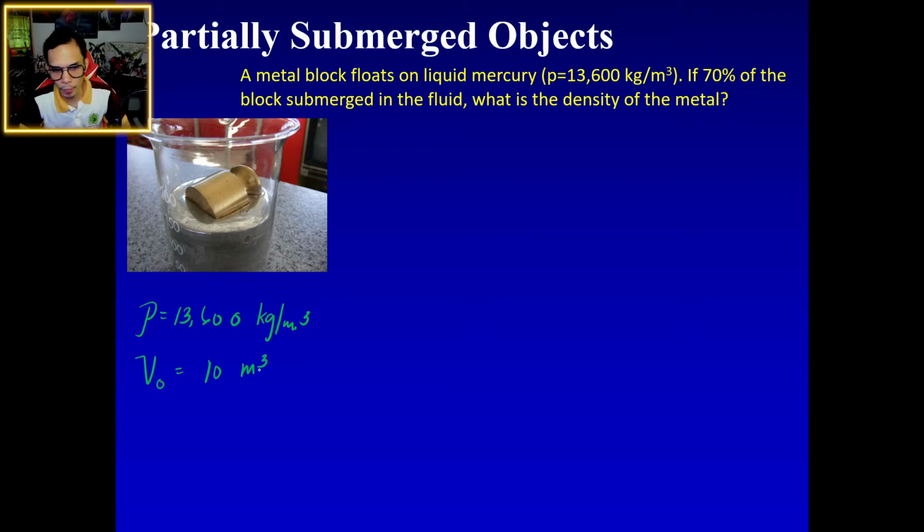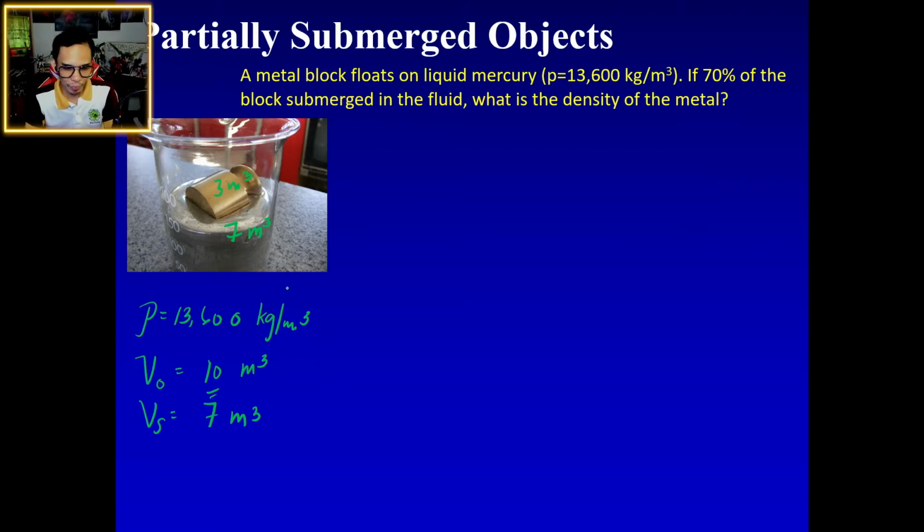We will assume that the volume of the object is 10 cubic meter, because the submerged part is 7 cubic meter, so the part above is 3 cubic meter and the submerged part is 7 cubic meter. It is very intuitive to use 10 as the volume of the object.